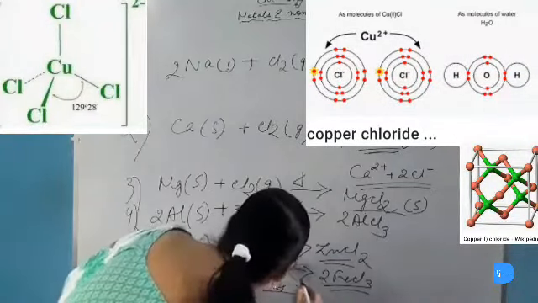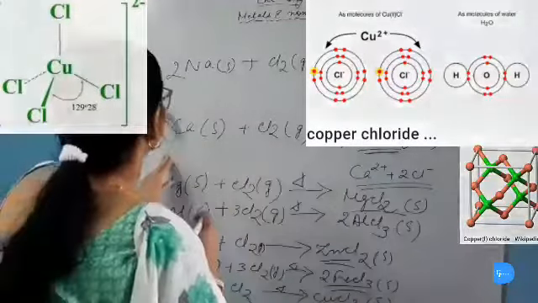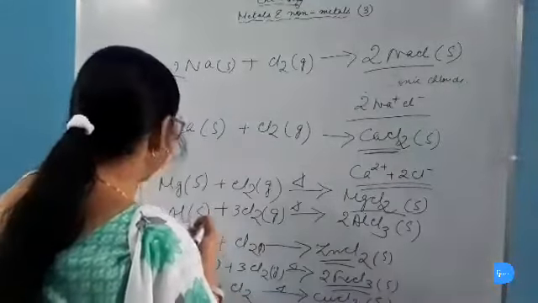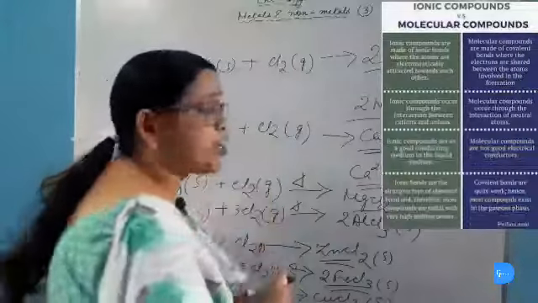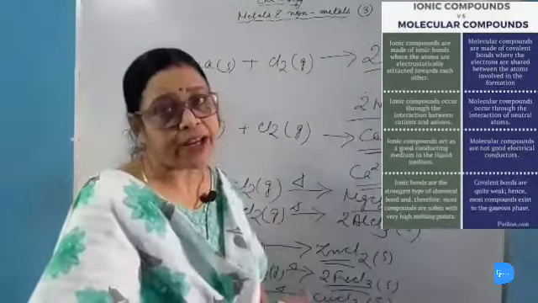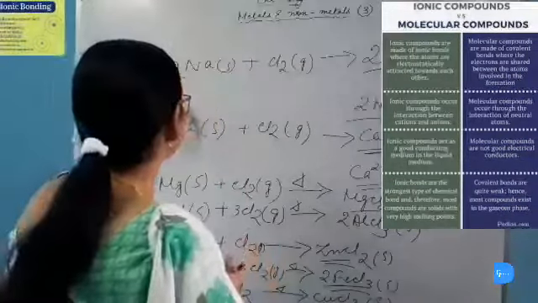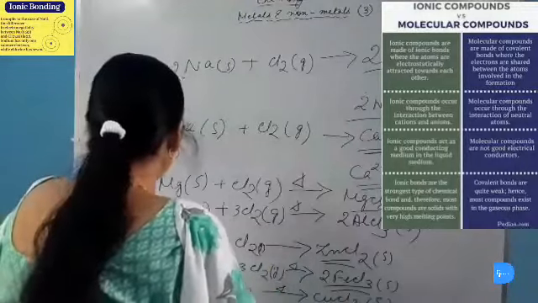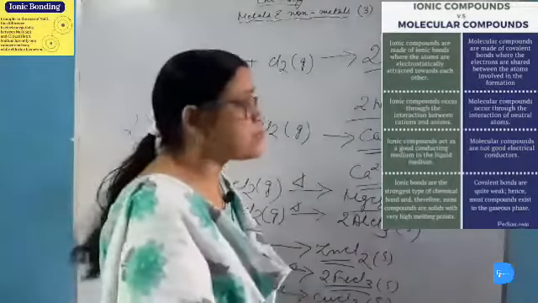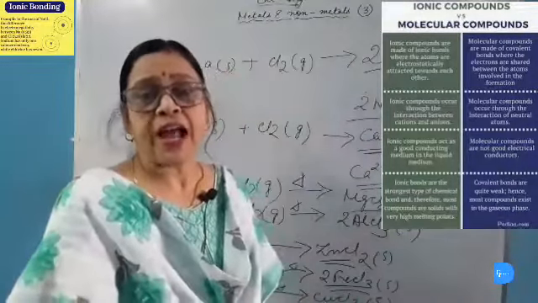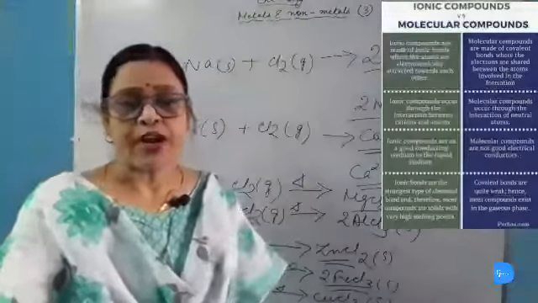Heat is required here, and so we can see that the metals sodium, calcium and zinc react with chlorine without heating and form metallic chloride or ionic chloride, whereas the other metals like magnesium, aluminium, iron, copper, these metals react with chlorine on heating and give ionic chloride or metallic chloride.